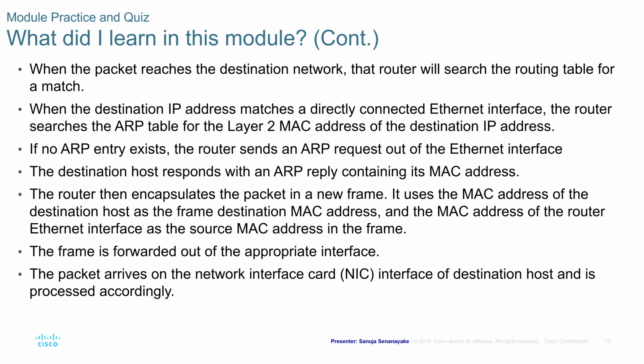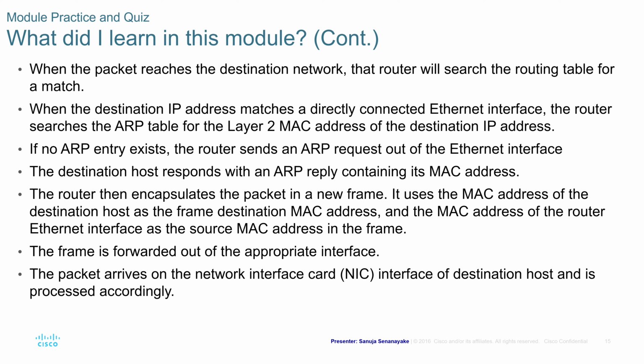And if no ARP entry exists, the router sends an ARP request out of the Ethernet interface. So in this case, it's going to look for the connected device, and then the destination host responds with an ARP reply containing its MAC address. The router then re-encapsulates the packet in a new frame.